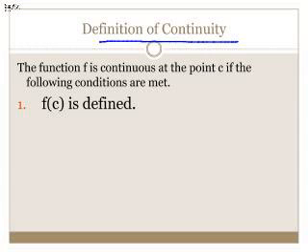In order for a function to be continuous at a point in its domain, the following conditions have to be met, and there are three of them. The first one is that the value of the function at c has to be defined. So you have to be able to plug in the value for c and come up with an output value. That's the first condition.